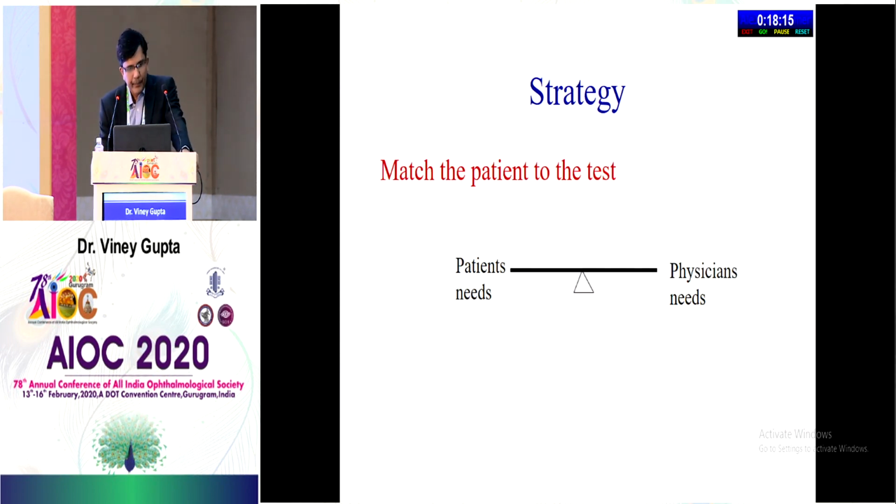What is a SITA? Anyway, so you have to match the patient's needs to what he requires, isn't it? A patient who's already got a very advanced visual field, you would like to do something like a 10-2, or you will increase the size of the stimulus because his visual field is already very constricted. But for a patient who is doing it for the first time and has never done a perimetry before, you would like to do a SITA fast, just something like a screening test.